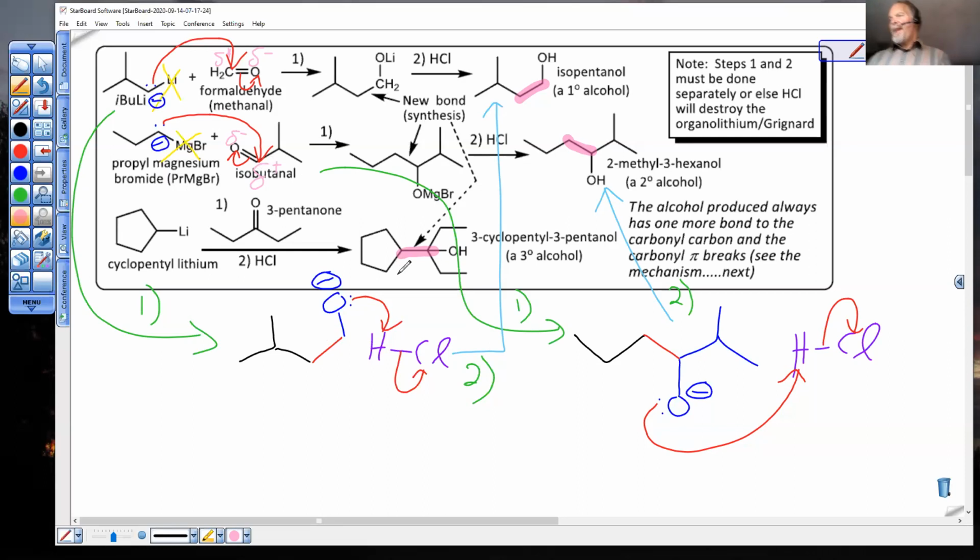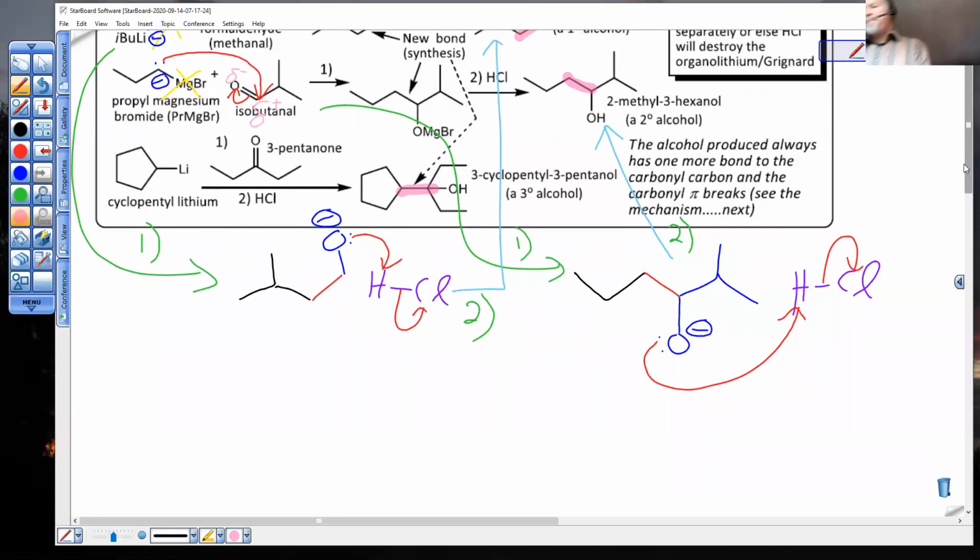So let's put this together and treat this like a baby retrosynthesis before we move on. So say we have a target here. And it looks something like this.